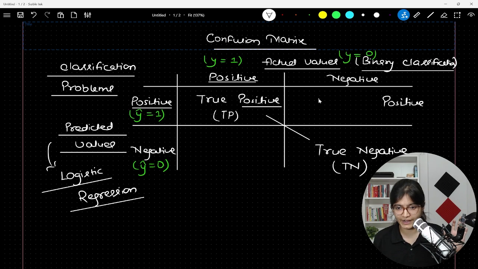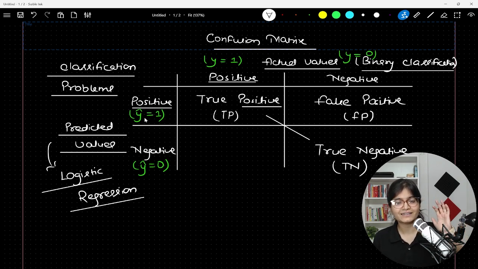It's a false positive, right? So it will be represented by FP. Again I am showing you how I have written it, so please try to understand it very carefully. My prediction says that the patient is diabetic, but actually the patient is not diabetic. The value of y is 0. That is why the record is positive because the prediction is positive, but it's a false positive.